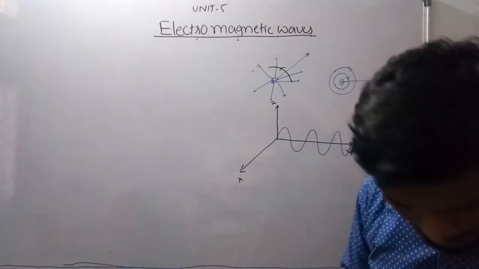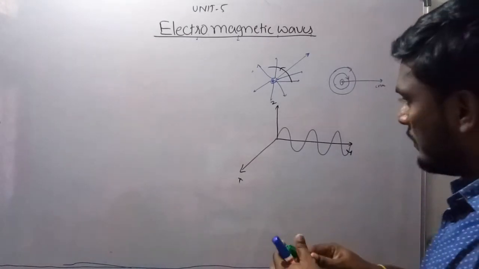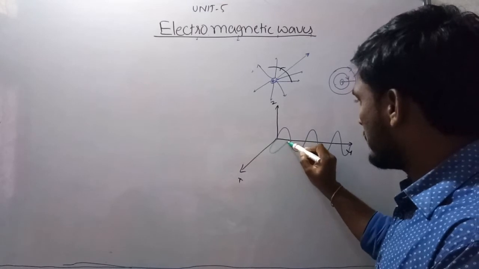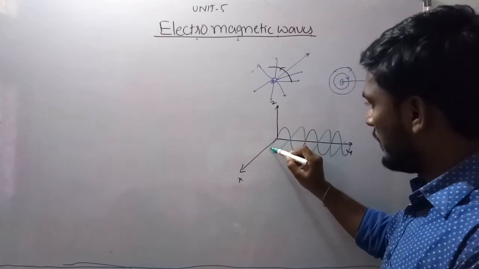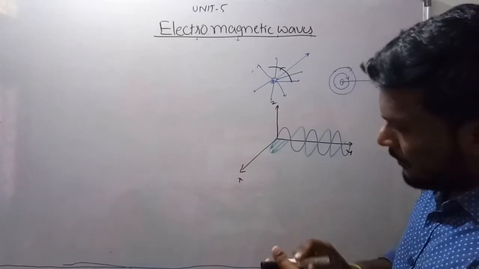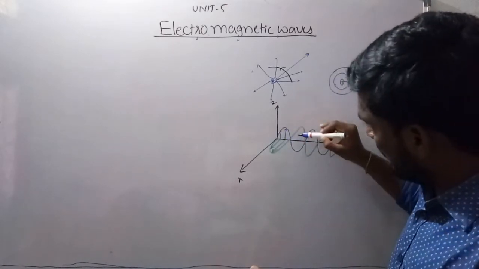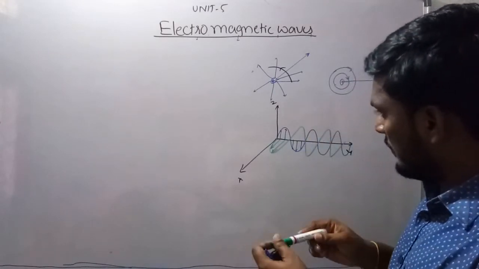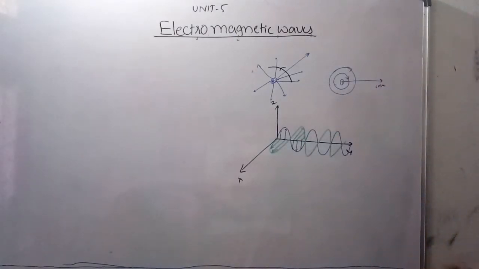Now I am drawing the direction of the magnetic field, on the x direction like this, and the electric field is in the upward direction. Your wave is propagating like this.